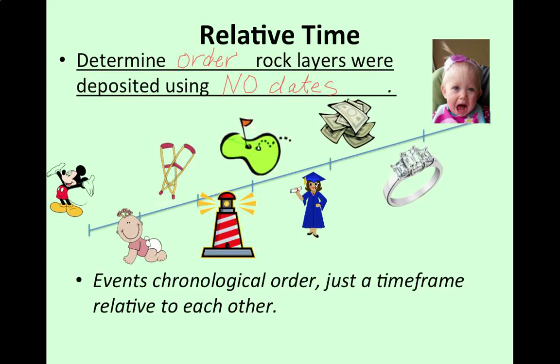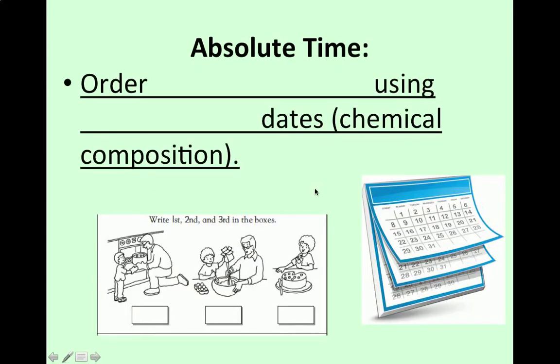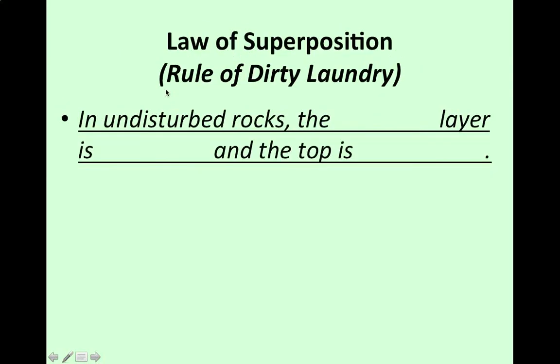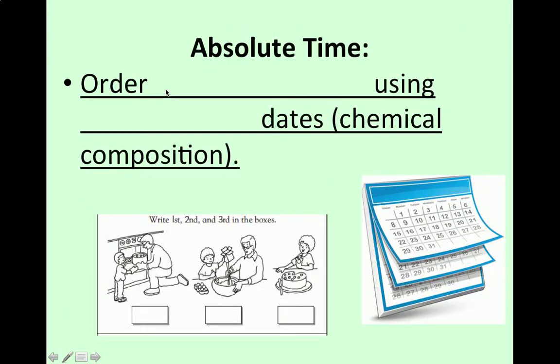Okay? When we talk then about absolute time, what we're doing is putting things in order, like rock layers, or events like faults or volcanic eruptions, layers or events using actual dates.